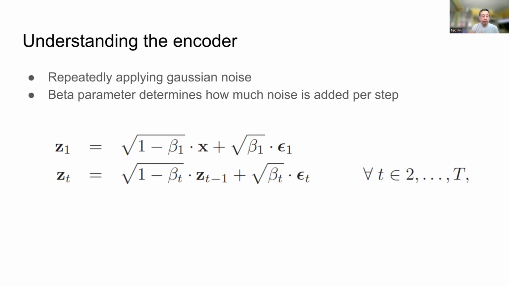But if you literally do that, if you just keep adding Gaussian noise, your variance is going to keep getting bigger and bigger. If I added unit Gaussian noise 1,000 times, the variance keeps growing, and that's not what we want.